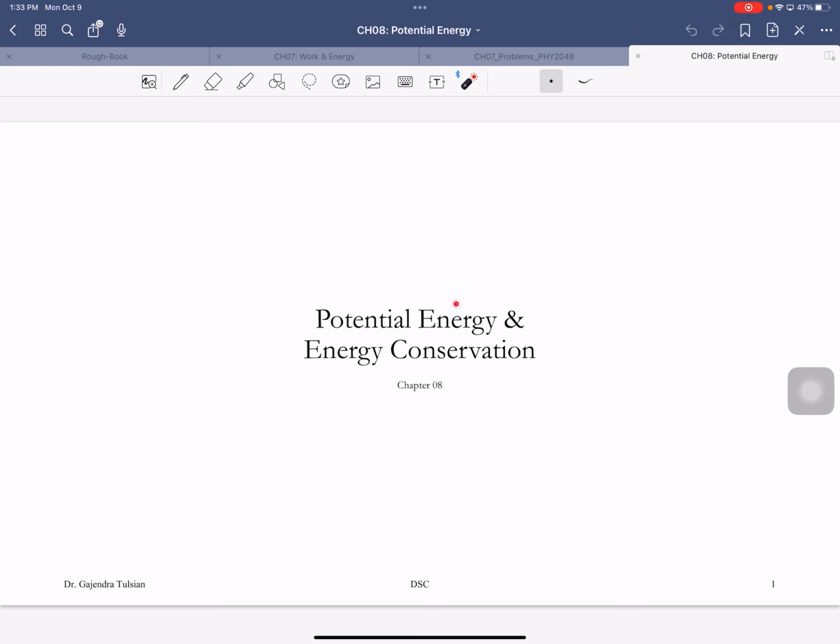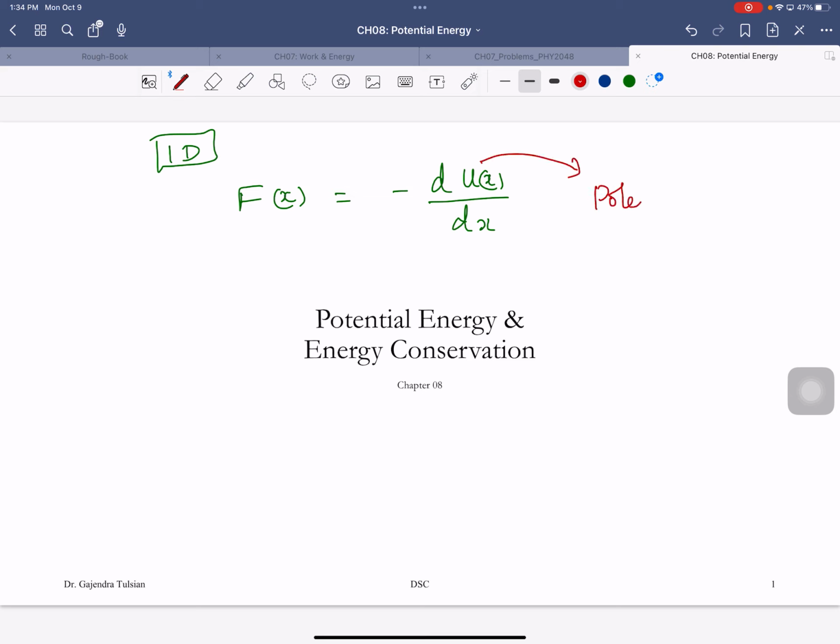So what is the potential energy function? This is for one dimension. If a force can be expressed like that, this guy is the potential energy function, and this guy is the force.